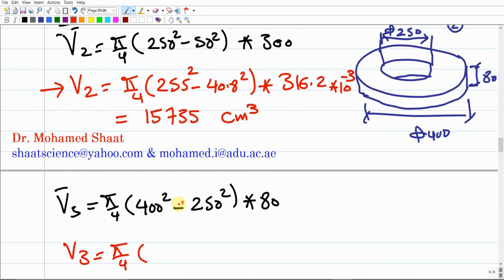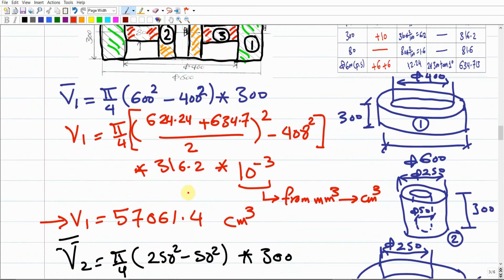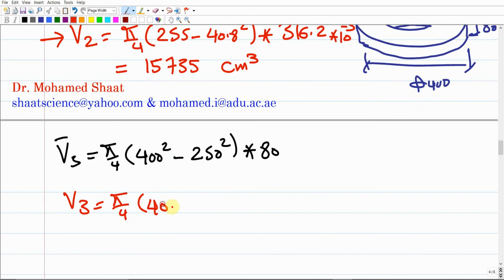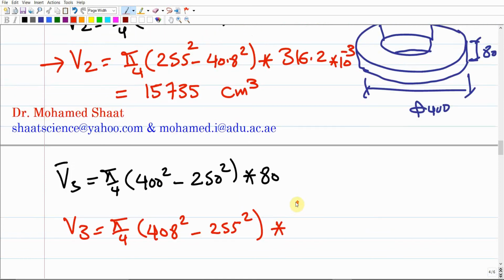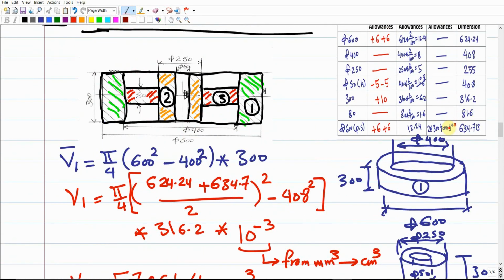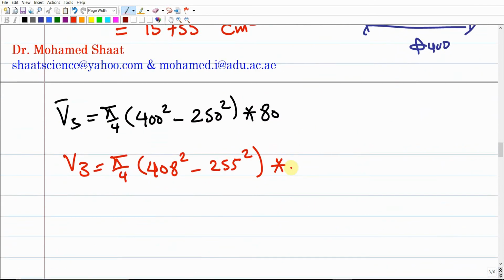The 400 from the table, we got before as 408, so it should be 408 squared negative 255 squared, which is the equivalent value for the 250 squared, times the 80, which we got before as 81.6 from the table, times 10 negative 3 to convert to centimeter cubed.